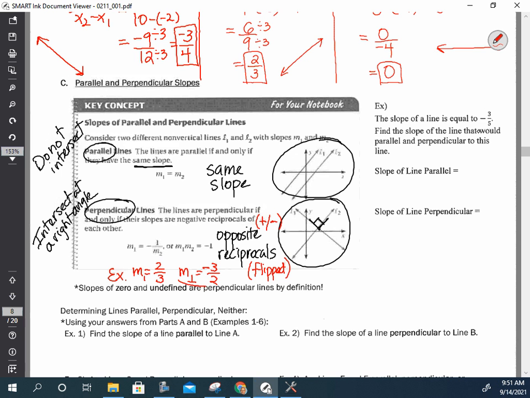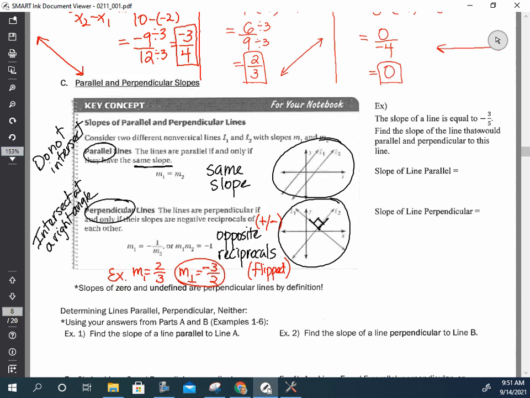So this would be the perpendicular slope. Easiest way to make sure you did it right, take your two slopes and multiply them together. If you get -1, then you did it correctly. If you get something else, you didn't do it correctly. Very easy way to point that out.